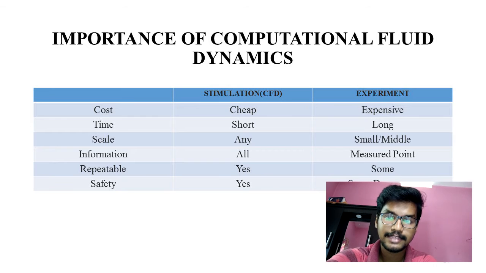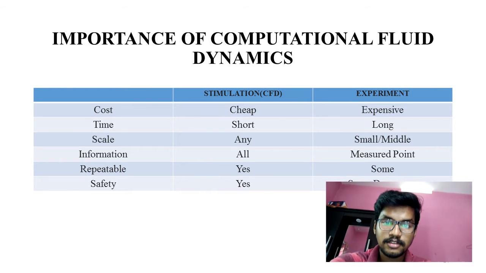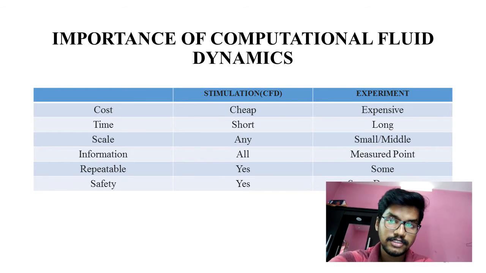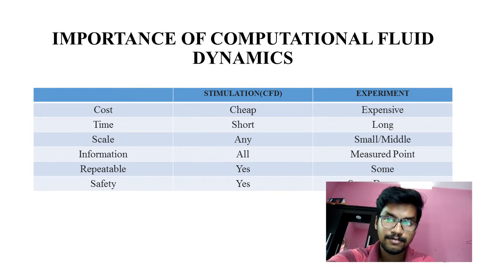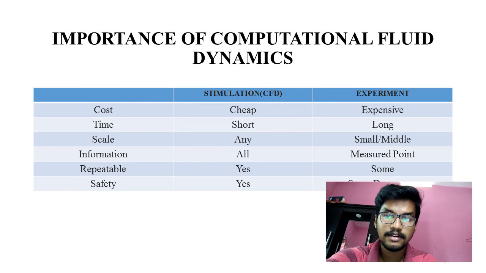When we set up an experimental model, the cost is very expensive and the time consumption is also very high. There are a lot of limitations for building a huge model, and only limited information is obtained from an experimental setup. If we don't take enough safety precautions, it can lead to great danger.